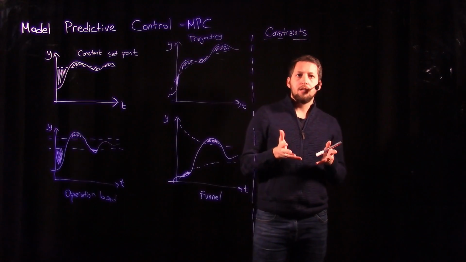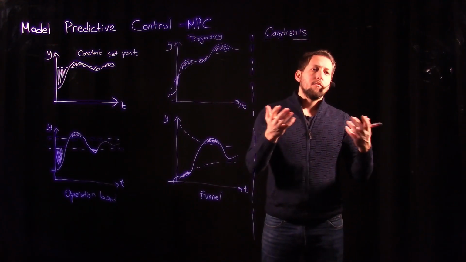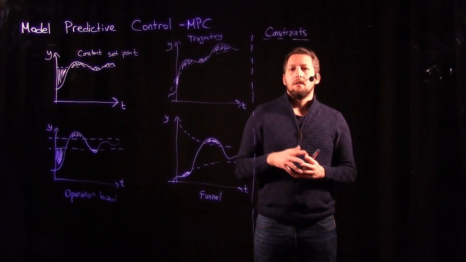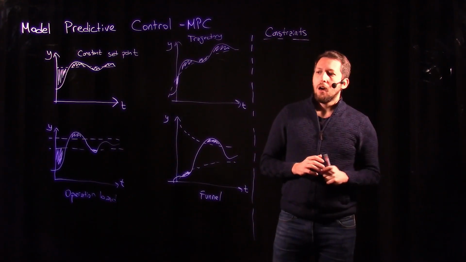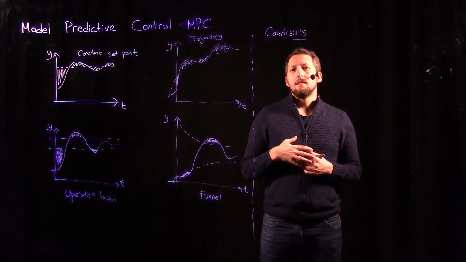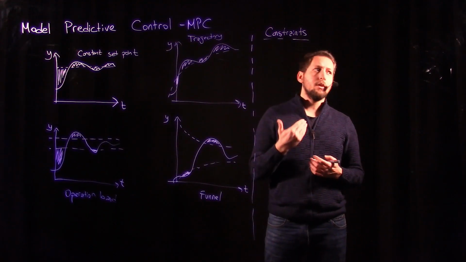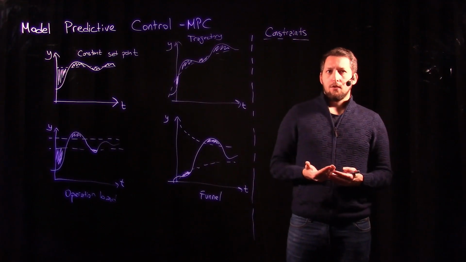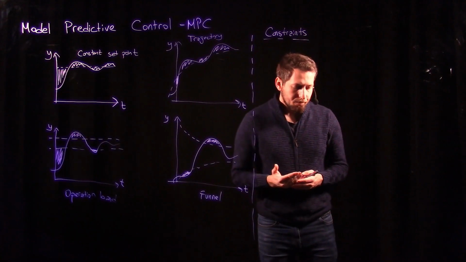For example, let's assume that you have an input signal to your system, and this supplies a kind of voltage or ampere signal. If it has an upper bound due to its internal structure, it's not possible for you to exceed this maximum value. For example, if it's 2 ampere, then the maximum value that you can supply to your system is 2 ampere. So this is a kind of hard constraint.